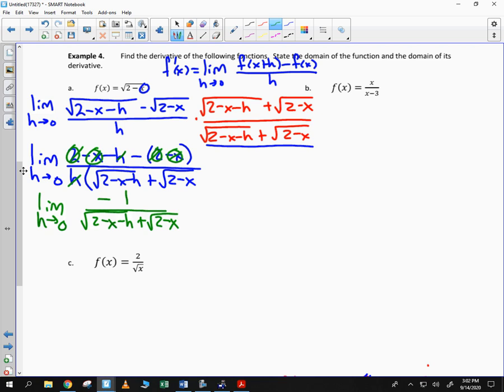Allow h to go to 0. When h goes to 0, you can see that in the denominator, we have negative 1 over, those square roots are the same, so you get 2 roots of 2 minus x. And that is the derivative.